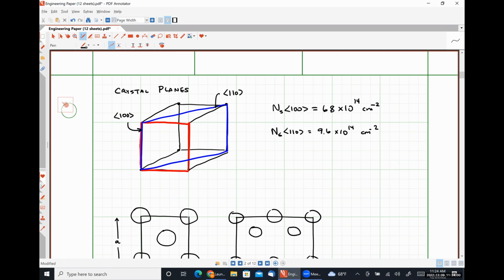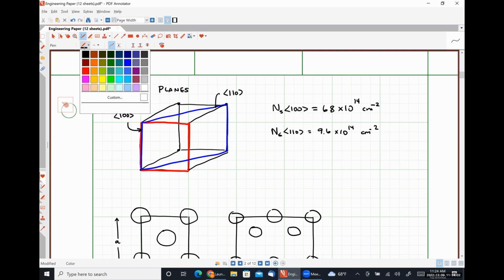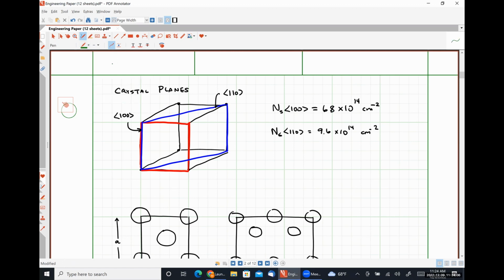And then our last family of planes, let's do these in green, will be the 111 family. Like so.